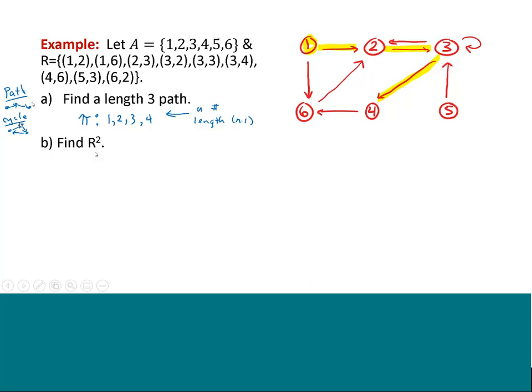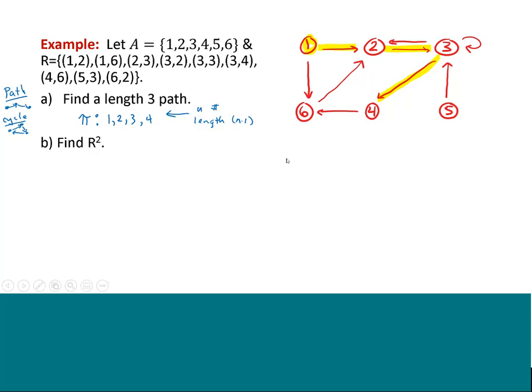Now, with R2, we want all of our length 2 paths. I'm telling you it's length 2 paths, but in reality, it is using 2 edges, starting at some vertex and using 2 edges to get somewhere else in the graph. And for this, we don't care if it's a path, we don't care if it's a cycle, we don't care if it's reusing the same vertices a bazillion times. All we care about is where can we travel using 2 edges.